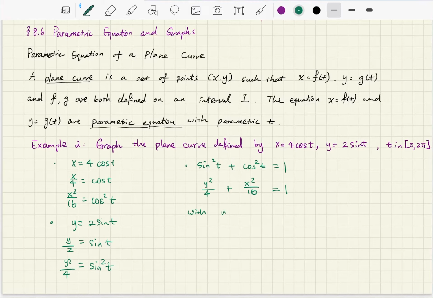with the major axis being 4, since 4 squared is 16, and then the minor axis is going to be 2. So this is going to be the x, this is going to be the y, and then graph it.